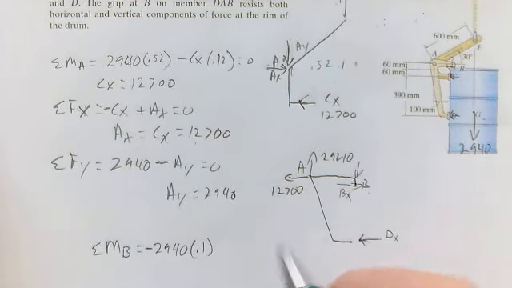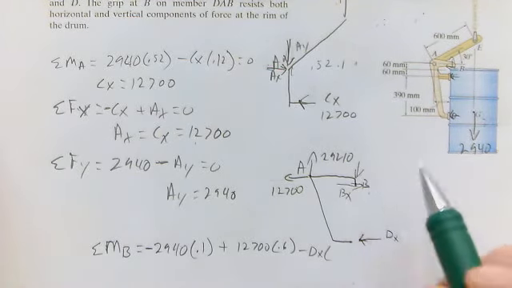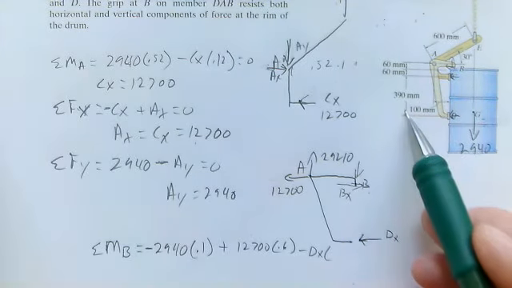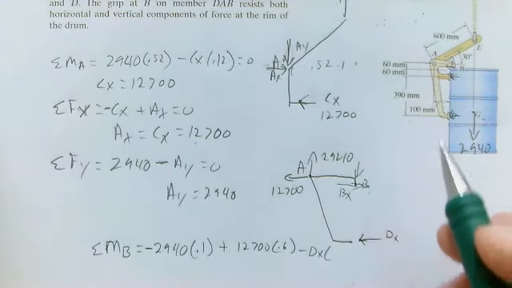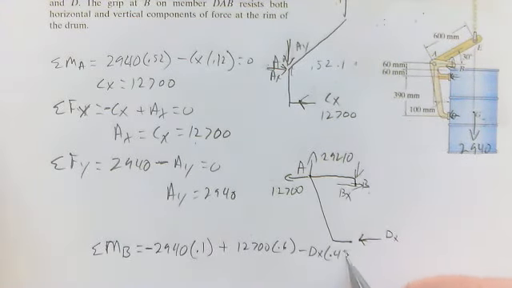So that's going to cause positive, so plus 12,700 times 0.6. And then we have DX, which is going to cause a negative. So negative DX times this distance, which is 390 plus 60, so that's going to be 0.45, and that equals 0.